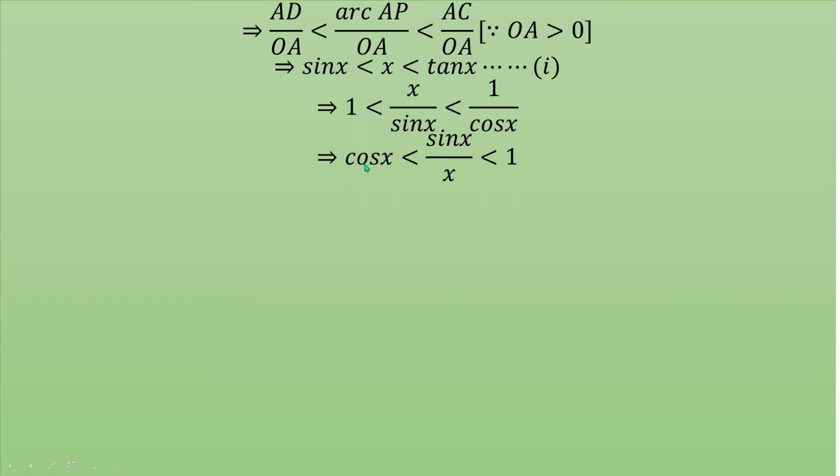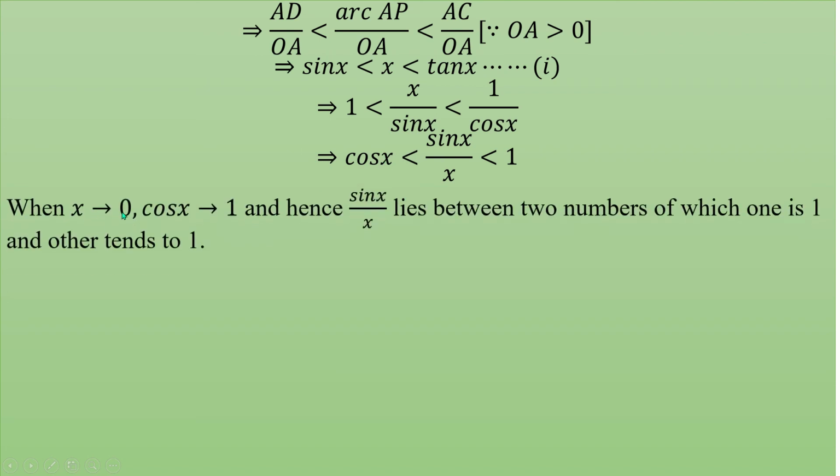But limit x tends to 0, as given, cos x is equal to 1. That means when x tends to 0, cos x tends to 1, and this is 1.